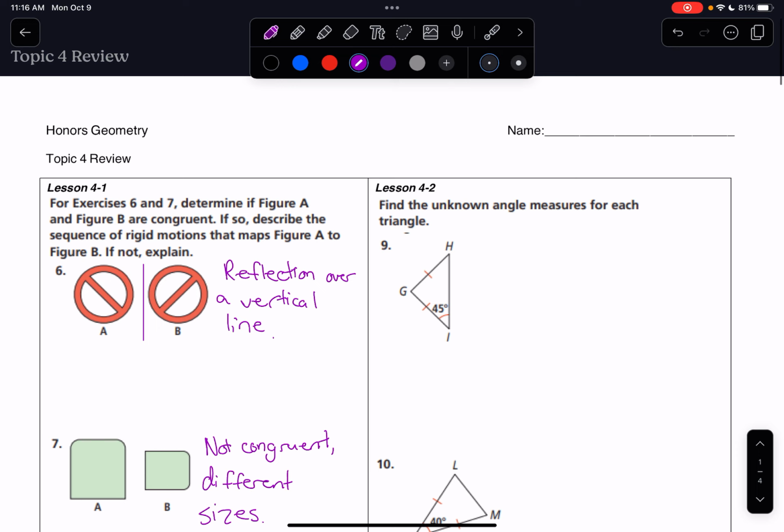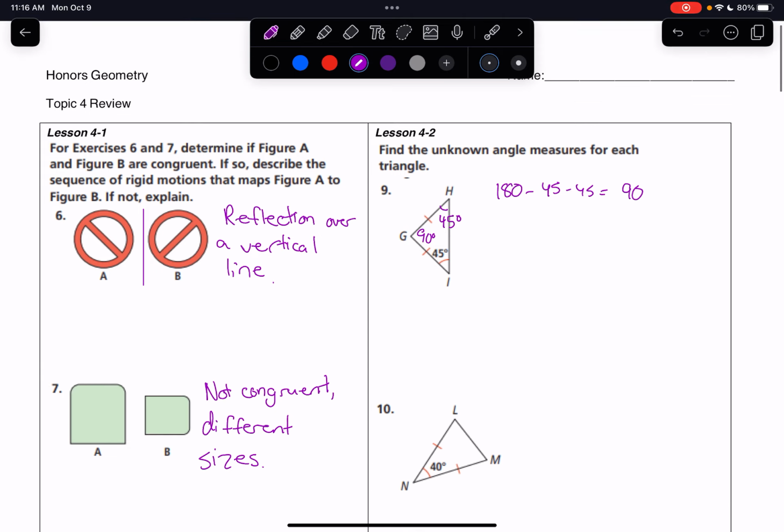Number 9, find the unknown measures for each triangle. Well, this is an isosceles triangle. We know one of the measures is 45, so we know that the other base angle will also be 45 degrees. So we can do 180 minus 45 minus 45. That gives us 90. So we know that angle G is 90 degrees, and that's all the angle measures for that triangle.